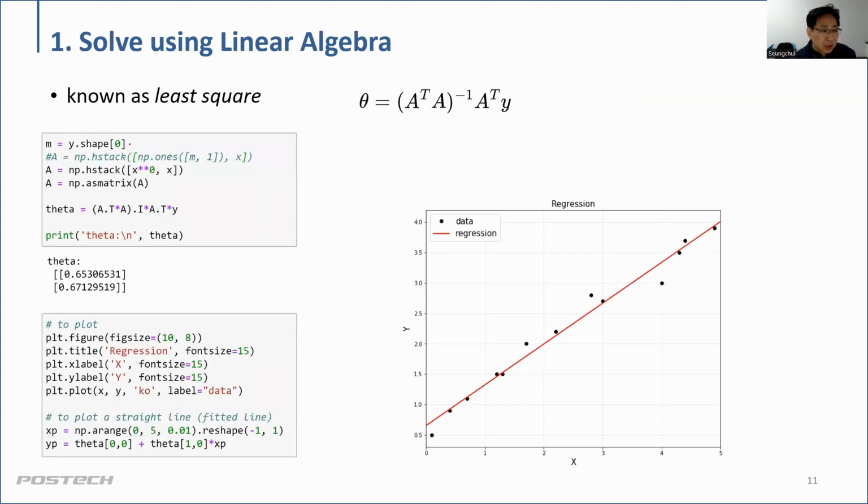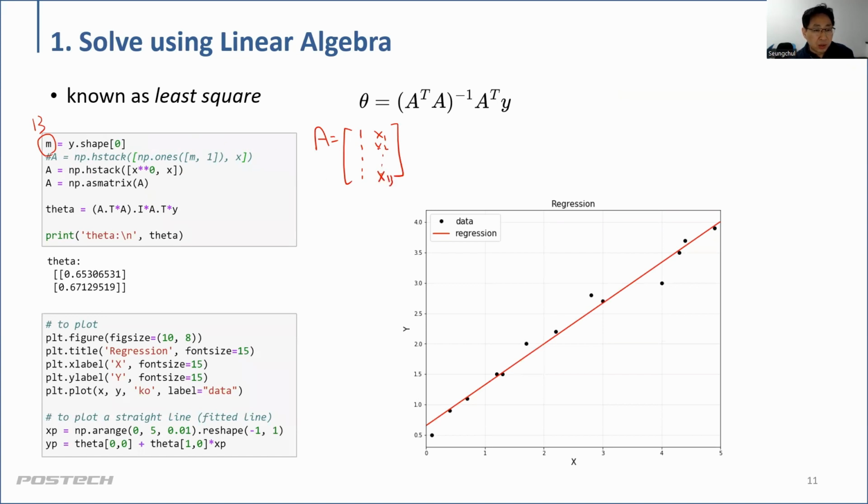Again, I'm not going to go into details, but here is the shape. So I get M is 13, and the A matrix is, remember, 1 and X of 1, X of 2, right?